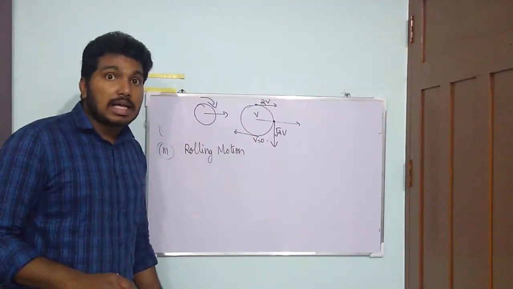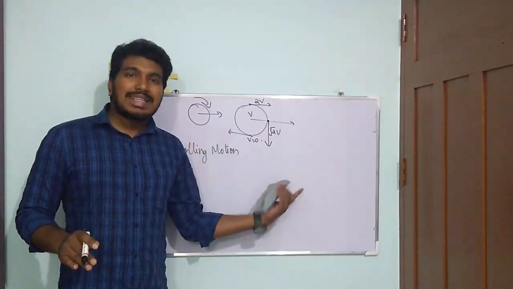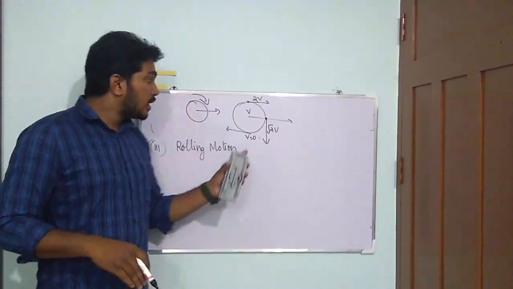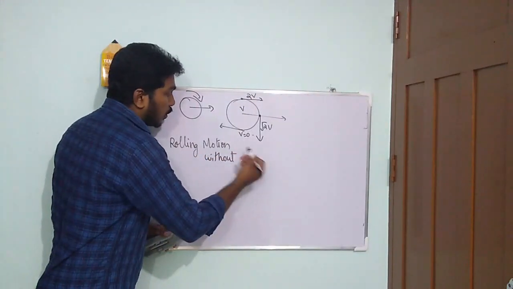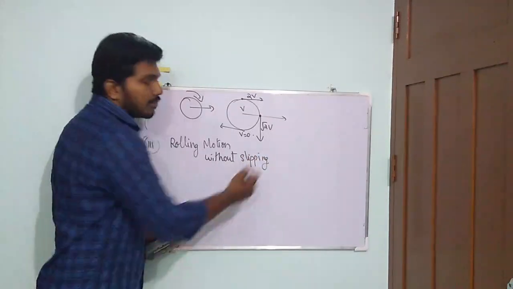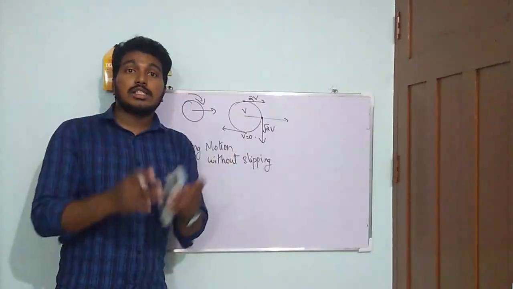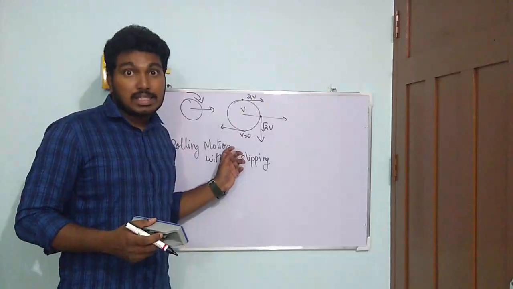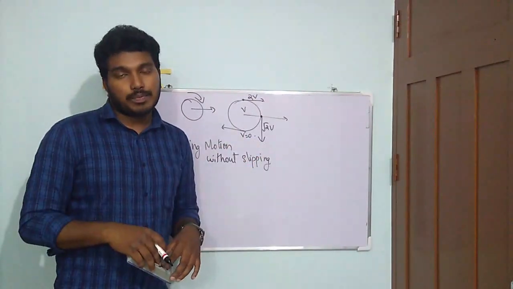Hence we can say that even though friction is responsible for this motion, the energy dissipation or the work done against friction in case of rolling motion without slipping will be equal to 0.